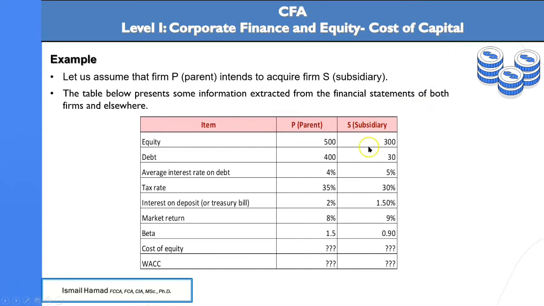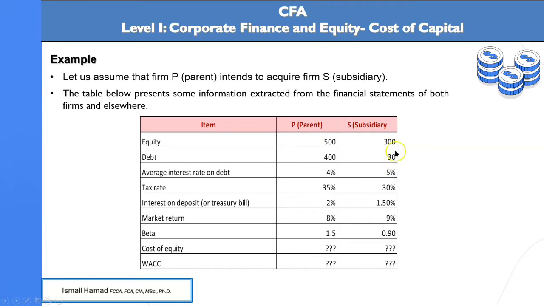This is the subsidiary data, and here is the parent company data. The equity is 500 for the parent and 300 for the smaller company. Debt is 400 and 300. If you notice, debt divided by equity, 4 divided by 5, will give 80%, while 30 divided by 300 will give 10%.